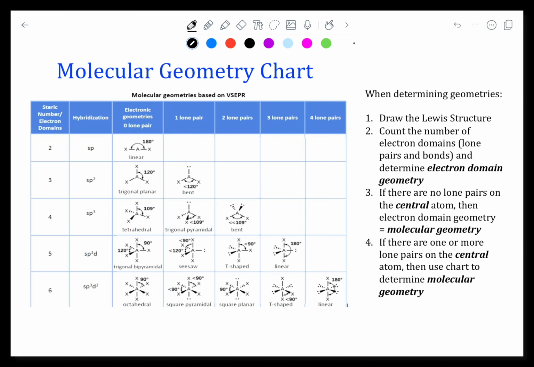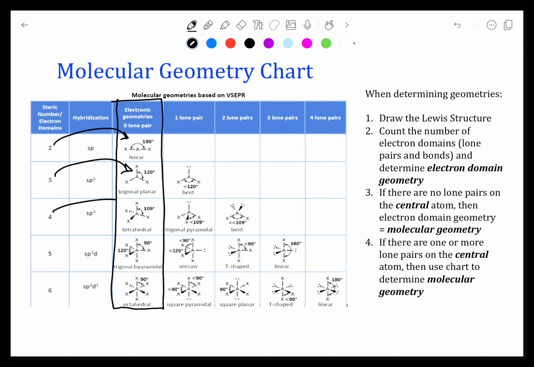But this gives us a guide of all of our different geometries. This column here is just our electron domain geometries. So if I'm looking for just electron domains, I only care about this column because it directly relates the electron domain number to that.